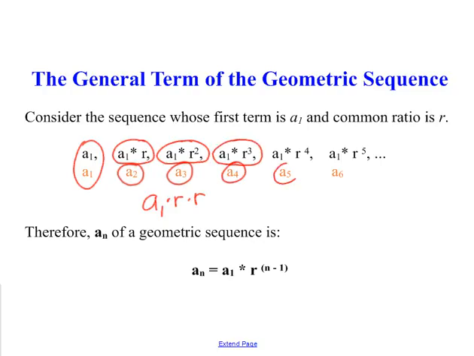The fifth term, we would take the first term and multiply by the common ratio 4 times. And as you can see the pattern, we're always multiplying by the common ratio one less time than the term we are trying to find. Therefore, a sub n, the general term of a geometric sequence, is a sub 1 times r to the n minus 1 power.